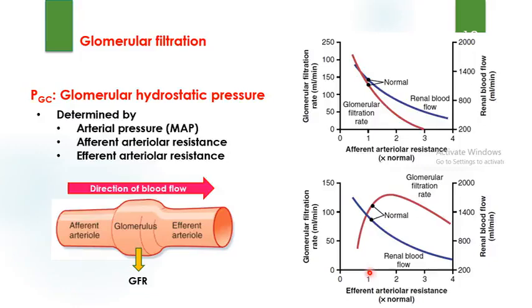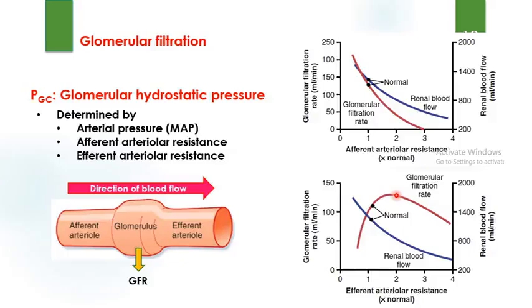When we increase the resistance of the efferent arteriole to the twofold level, you see that even though the renal blood flow is decreased due to increased resistance of the arteriole, the GFR is increased over the normal level until reaching a plateau level.